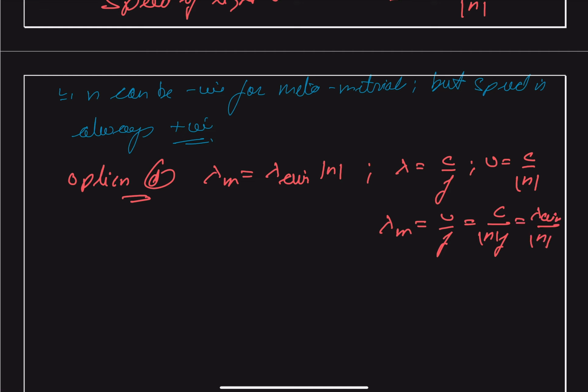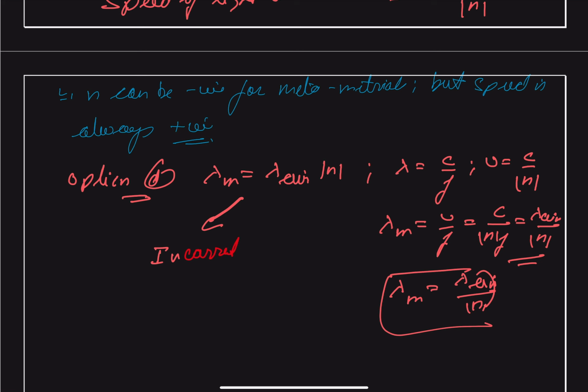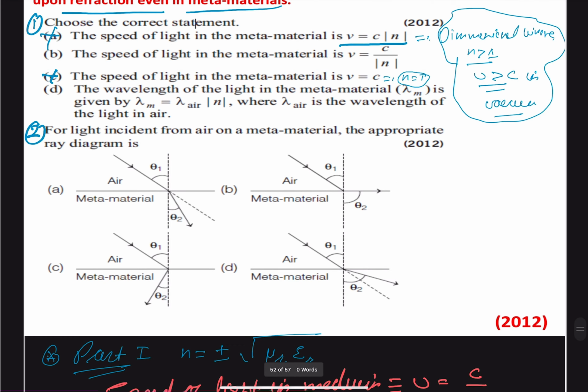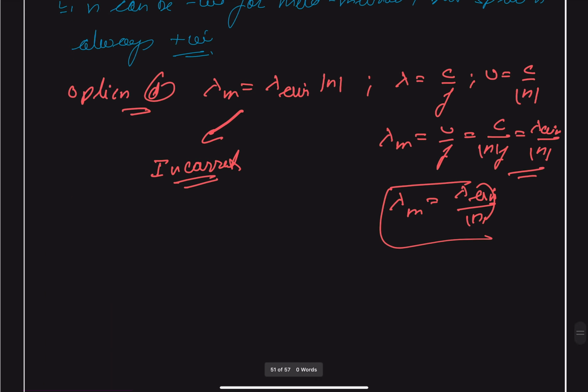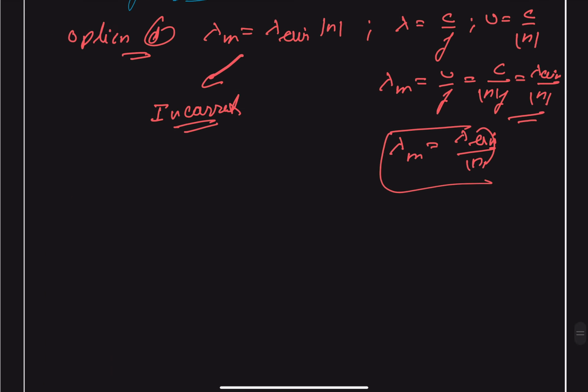So the correct relation should actually be lambda m equal to lambda of air divided by modulus of n. So this option is incorrect, so D is also incorrect. So the only correct option is option B.